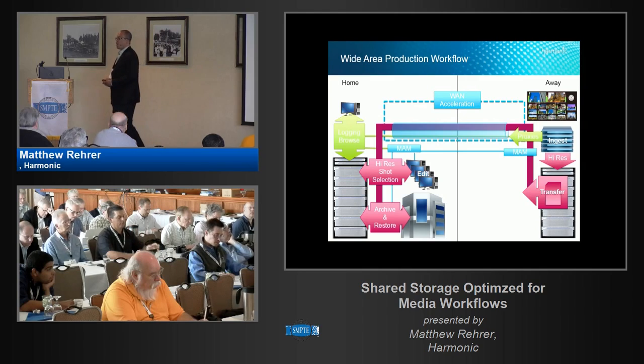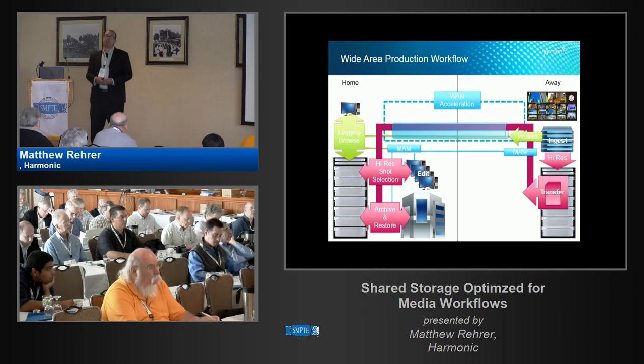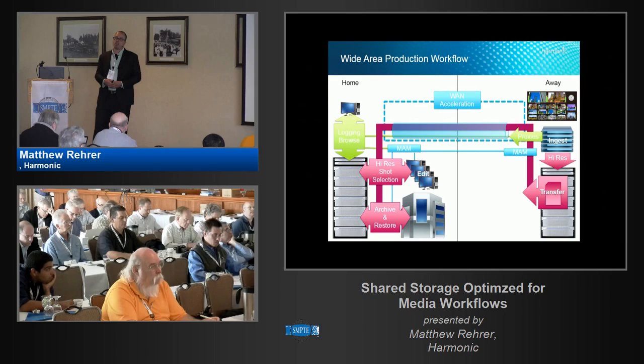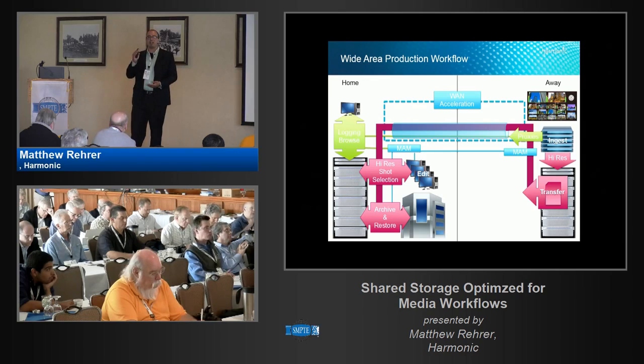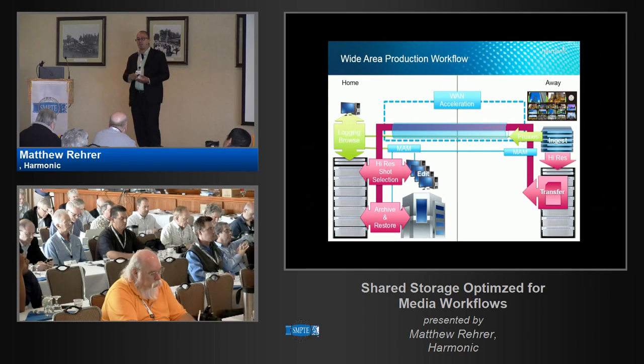Gotcha. So in a nutshell, WAN acceleration is a technology that helps to fill the full bandwidth of the pipe that you have available. When you go across a very long distance like this, you have very high latency, and with a protocol like TCP that makes sure that every packet gets there correctly, you end up with things like a TCP window size that will clamp down when latency increases.